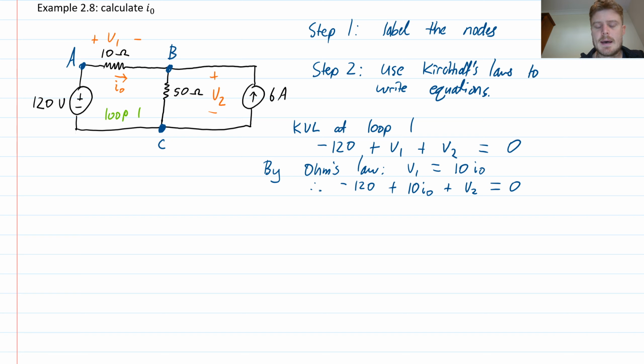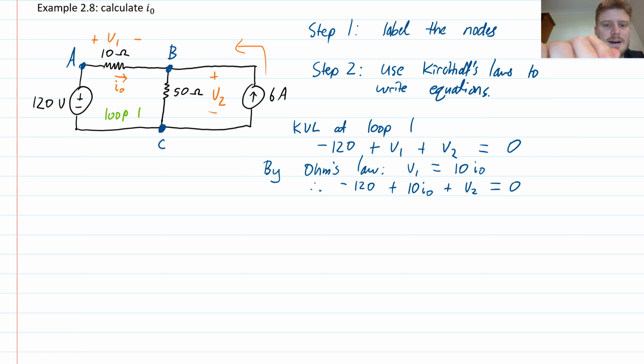The next thing I need to do is write down some more equations. I need to further analyze this circuit, so I need to use Kirchhoff's laws again to get another piece of information. In this example, it seems like a nice idea to analyze the currents that flow into node B, because I have this current source where I already know that there's 6 amps flowing, and also I have the parameter I'm interested in, I0, flowing in.